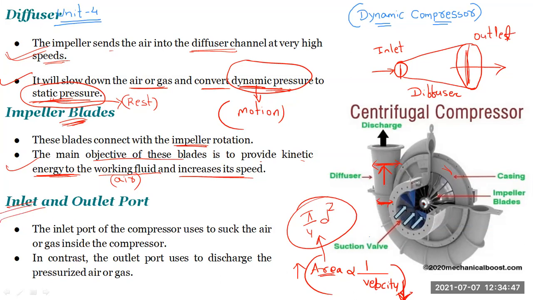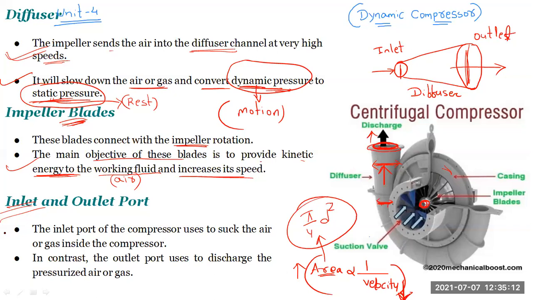Then inlet and outlet port. Here we will be having inlet port, and here this is the outlet port. The inlet and outlet port of the compressor uses to suck the air or gas inside the compressor. Through this port, air or gas will enter to the compressor, and through this one, it will discharge out from the compressor.